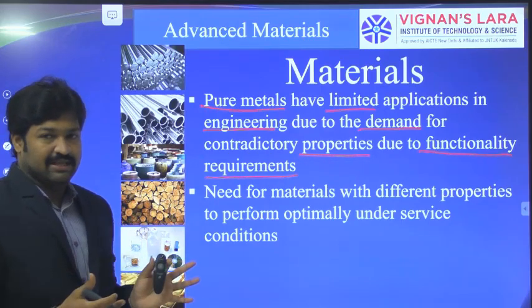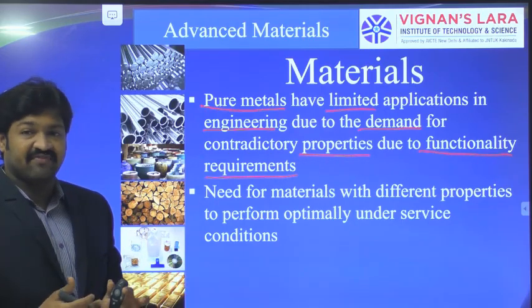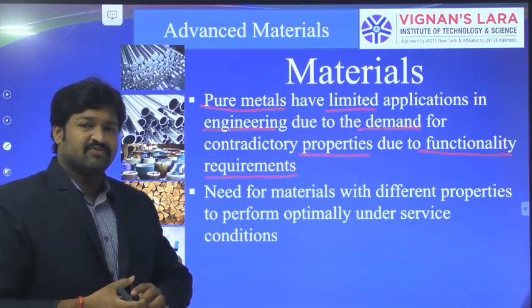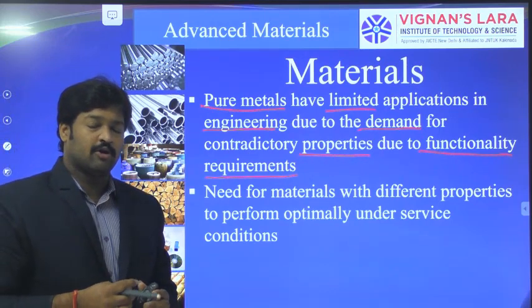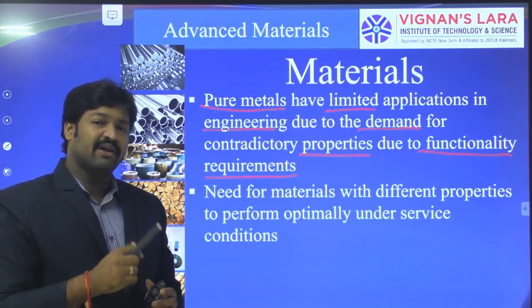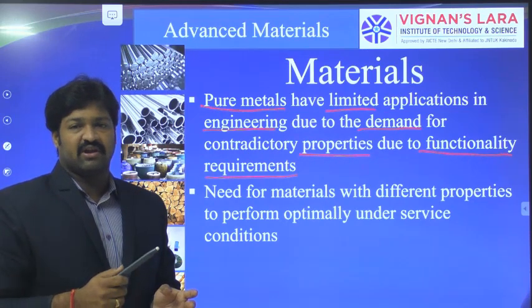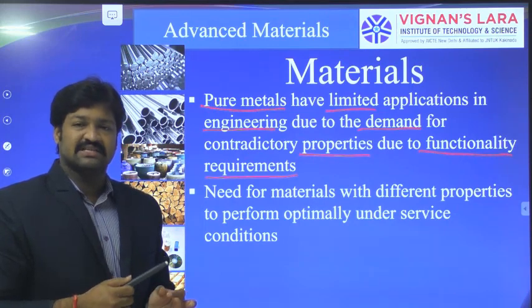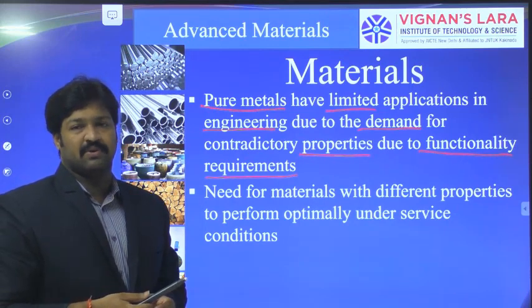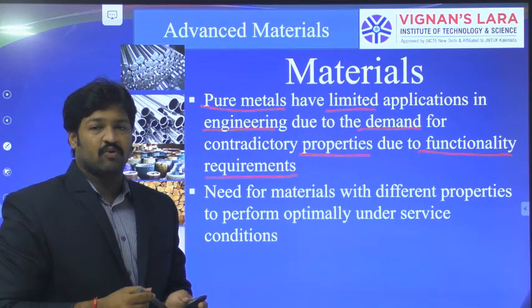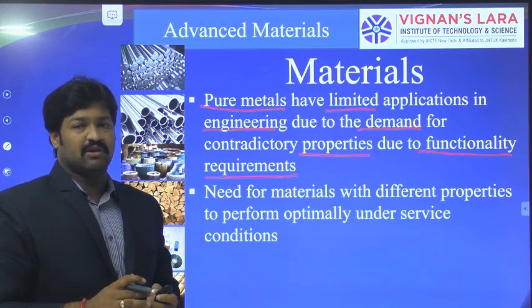One more thing, the need for materials with different properties. As we know, a monolithic material has only one good property. It might be one of the mechanical properties, or chemical, or structural, or thermal or electrical properties. Monolithic materials are good in one or two properties only.